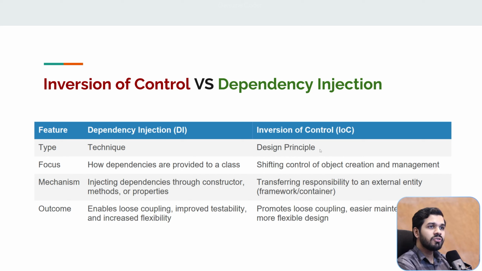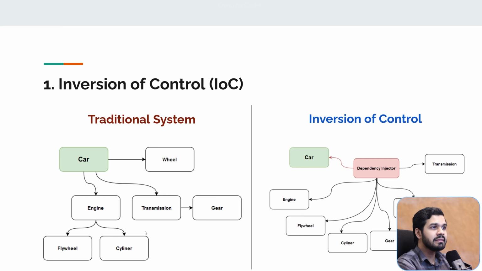So inversion of control is a principle, whereas dependency injection is the technique we use to implement the principle. The focus is how dependencies are provided to a class. Dependencies means the individual services or components that the main program requires.